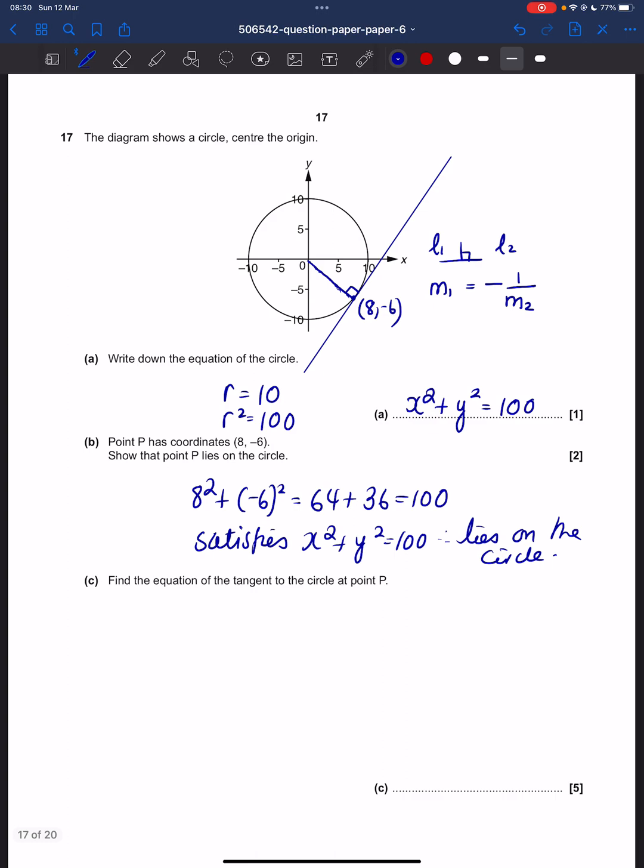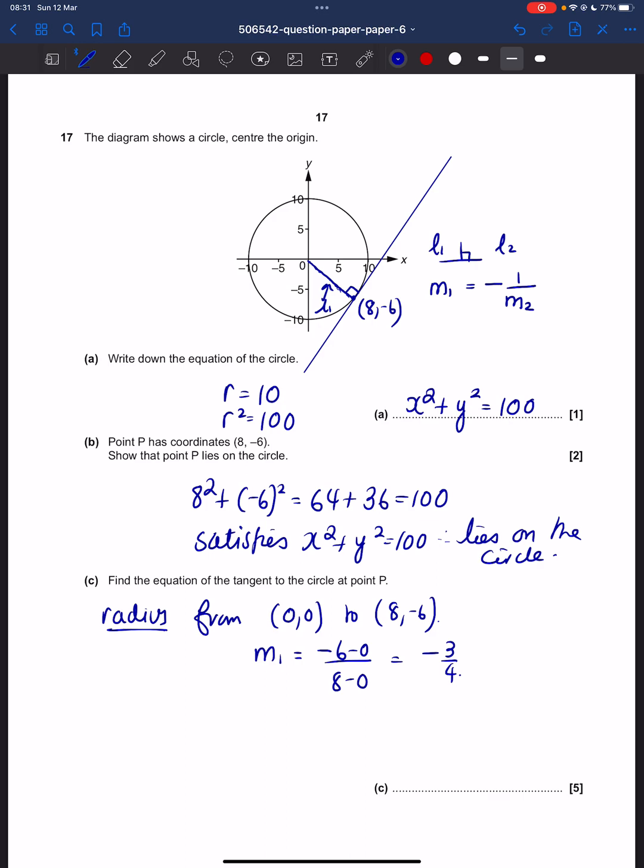So these are the facts that we're going to use here. So from looking at the radius first of all, the radius that goes from 0, 0 to 8, minus 6, call this one L1, that's got the gradient, change in y divided by the change in x, so it's minus 3/4.